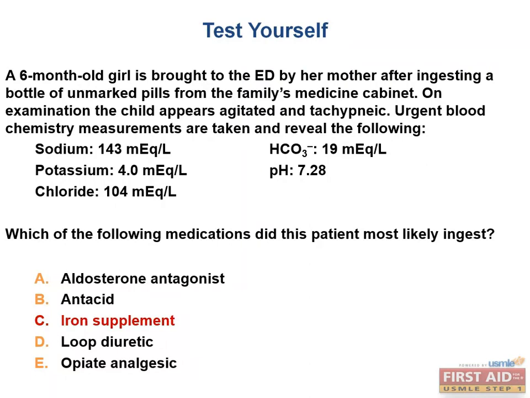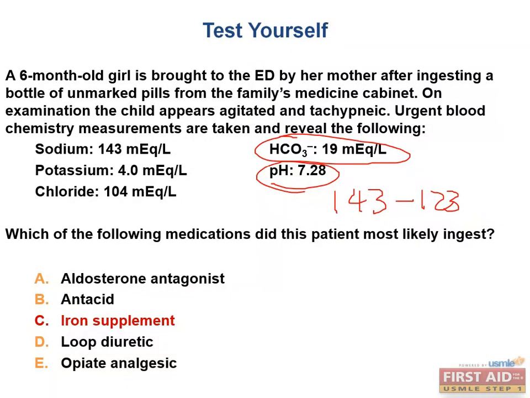This patient is suffering from an acidosis because the pH is 7.28. And we know that it's metabolic because the bicarbonate is 19. And when we calculate the anion gap, we're going to subtract 123 from 143, because that is the chloride plus bicarbonate subtracted from the sodium.